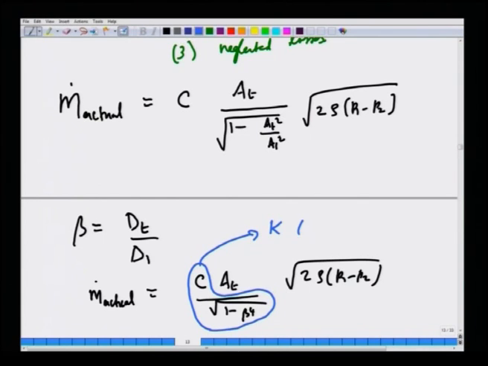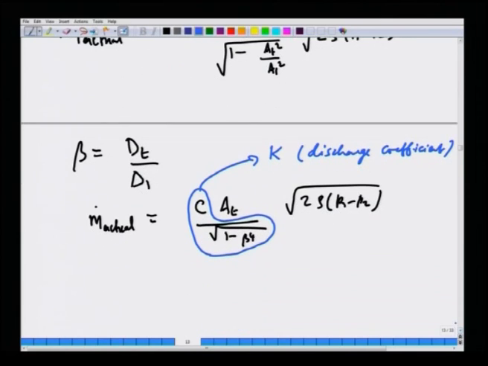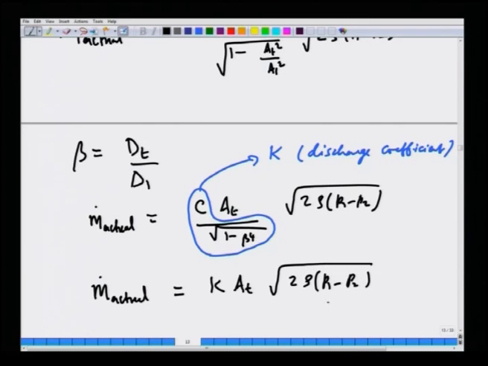It is called the discharge coefficient. So, the actual mass flow rate becomes K At square root of 2 rho (P1 minus P2). Okay.